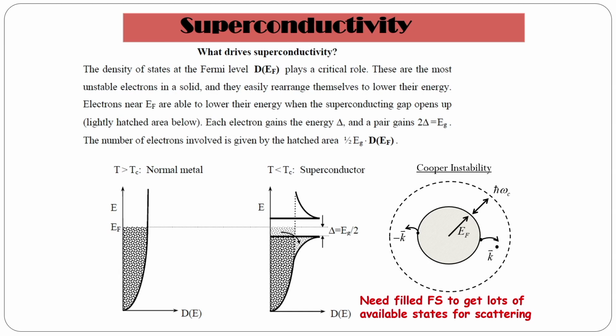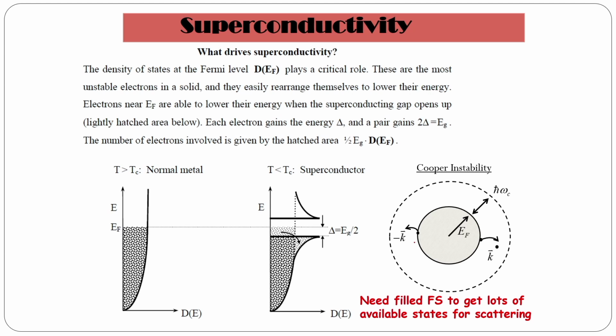Okay, so what is superconductivity? What happens in a superconductor? How does a superconductor form? What is the microscopic picture, and so on. So we start from this picture on the right. There is an inner circle which is slightly shaded or striped. That's the filled Fermi sphere. In the filled Fermi sphere, we have these two electrons.